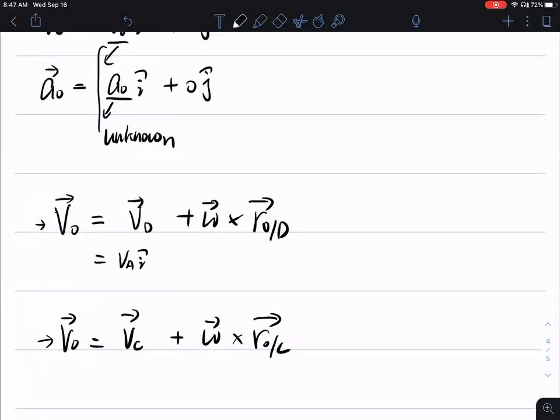That's VA I. Plus RO/D is just a position vector pointing from D to O. D to O, that is negative on the J direction, small r on the J direction.